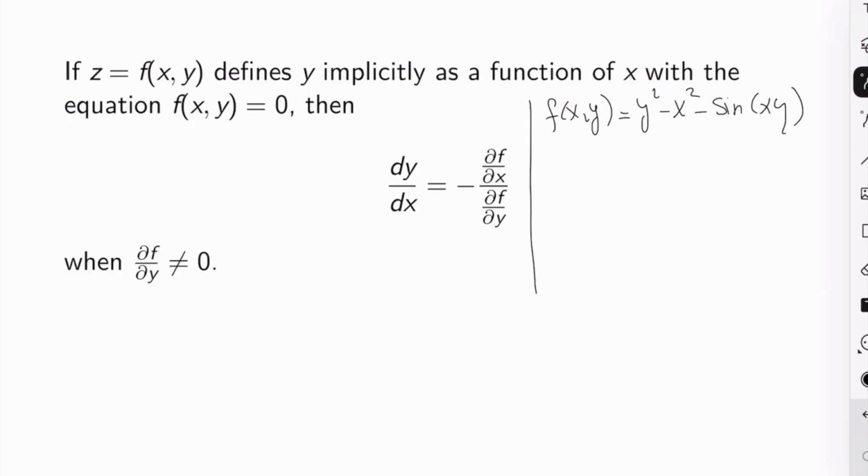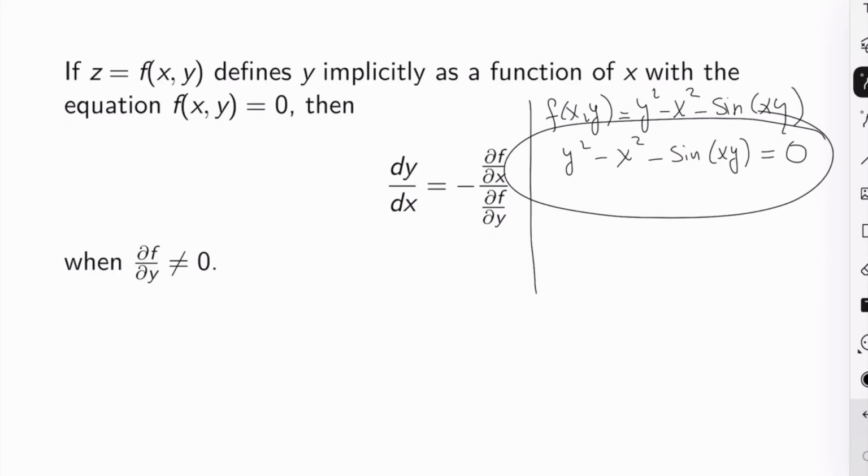Let's do an example with a particular function f of x, y equals y squared minus x squared minus sine of xy. And let's suppose that y is defined implicitly as a function of x by this equation, y squared minus x squared minus sine of xy equals 0. So you see that in this case we cannot even solve for y.